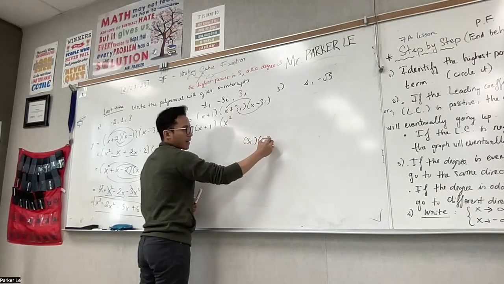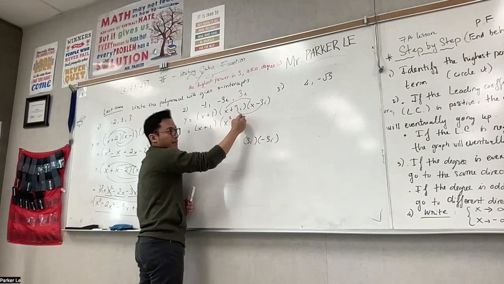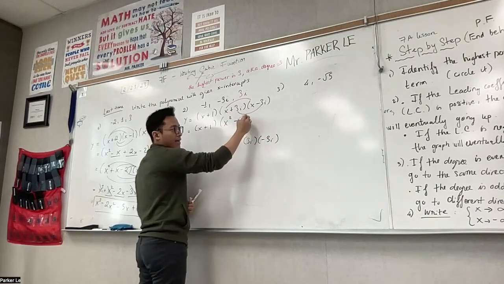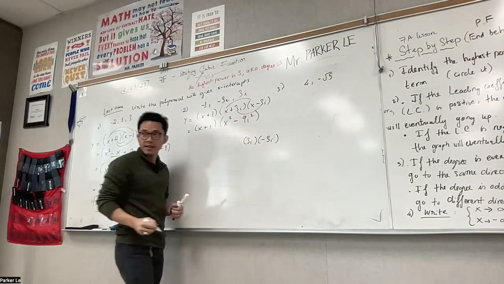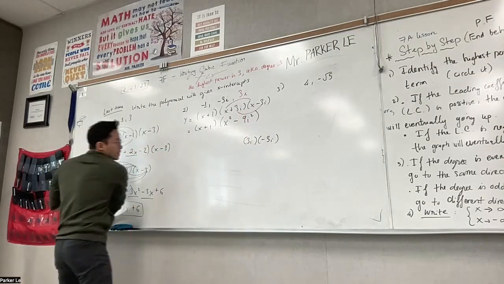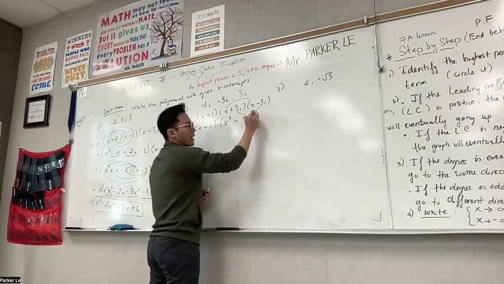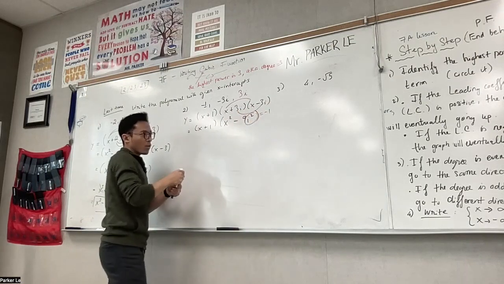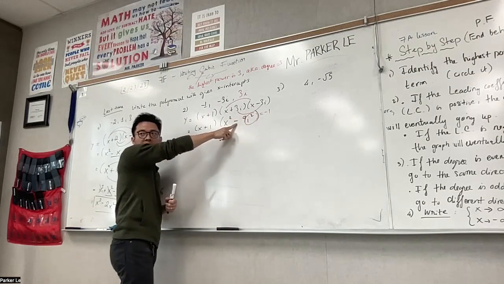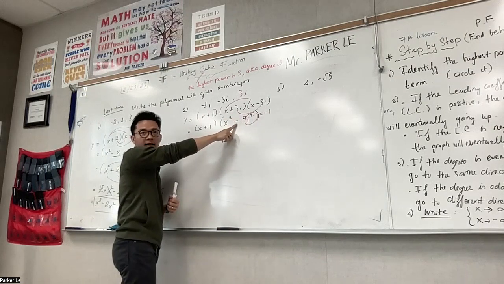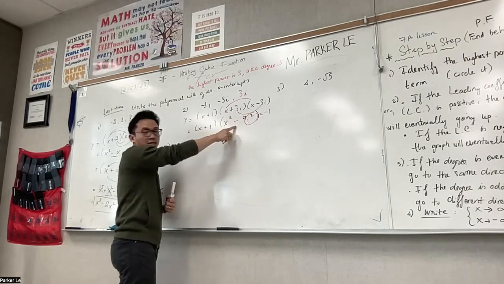Negative 9 i squared. What is i squared? Negative 1. So when you see i squared, you change the sign of this. Remember that from last semester? When you see i squared, just change this one.